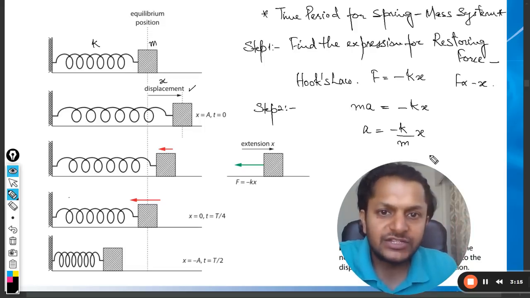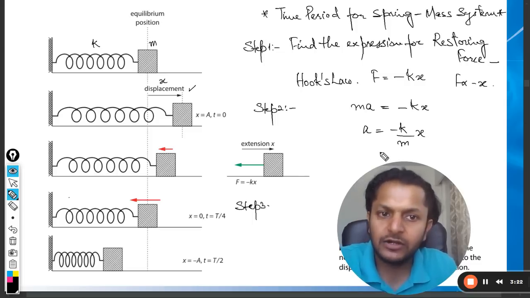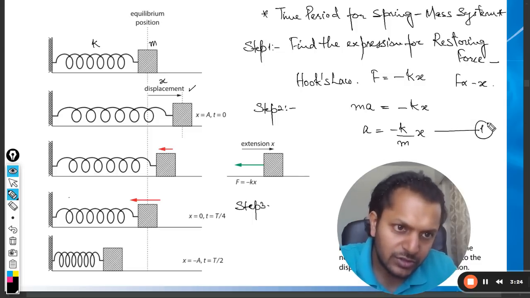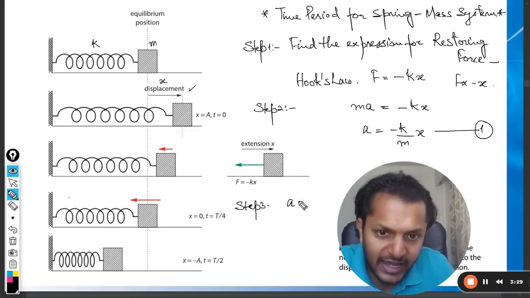After that, step three. In step three, what are we going to do? We will compare this equation with the fundamental equation of simple harmonic motion. And what is that? a is equal to negative omega square x.